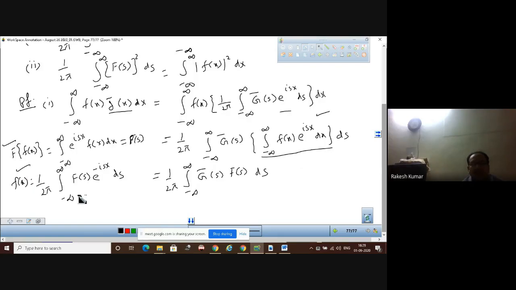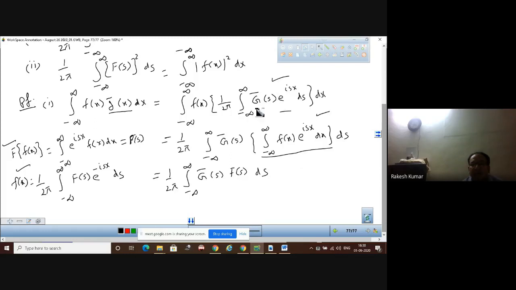This is by the inversion formula. In the inversion formula, here comes a minus sign. But remember, we are writing down a plus sign here because we are writing down the inversion formula for the bar function. And the bar is always the complex conjugate. So that minus iota will be changed to plus iota. That's why plus iota is written over here.